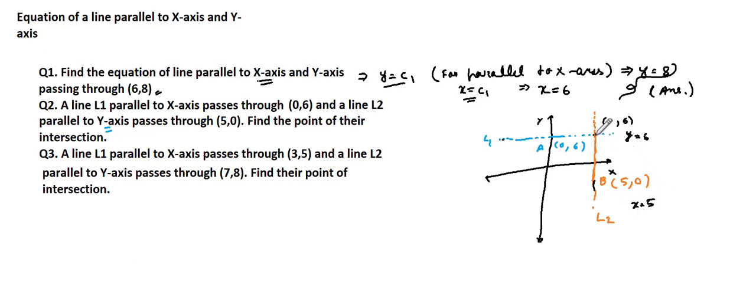So now the abscissa of this point, let it be named as D, will be 5, 6, right? So this is our intersection of L1 and L2. So we can easily say that the point of intersection is 5, 6, and this turns out to be our answer, right?